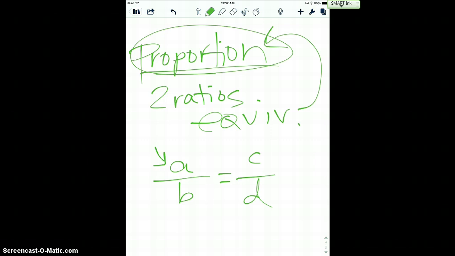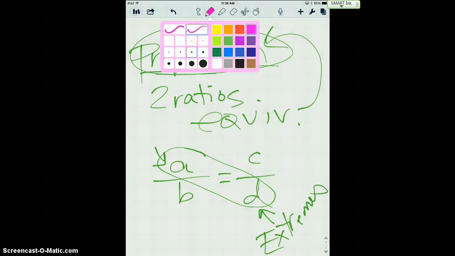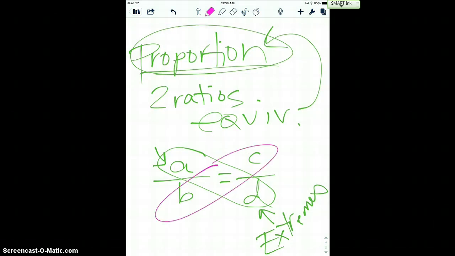The first and last terms of a proportion, from the upper left to the lower right, are known as the extremes of the proportion. And then if I go to the middle terms of a proportion, those are known as the means. Those are the means, these are the extremes.